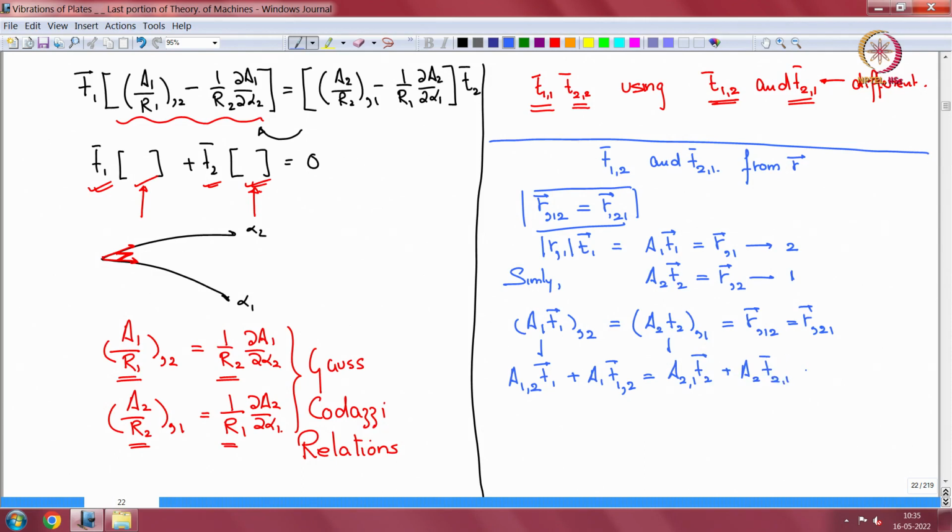Okay. Now, from here I can get T1,2 or T2,1.